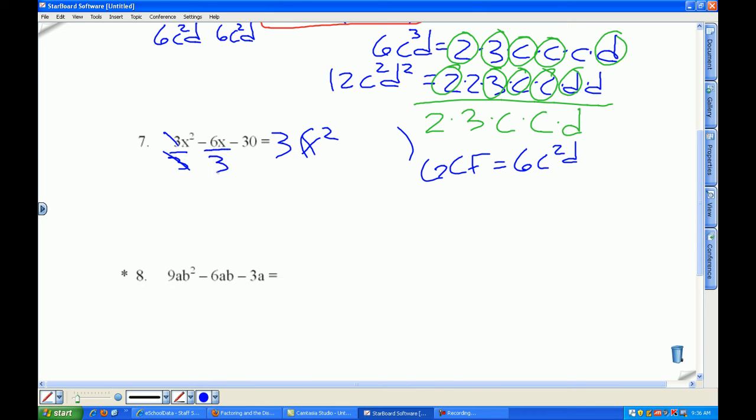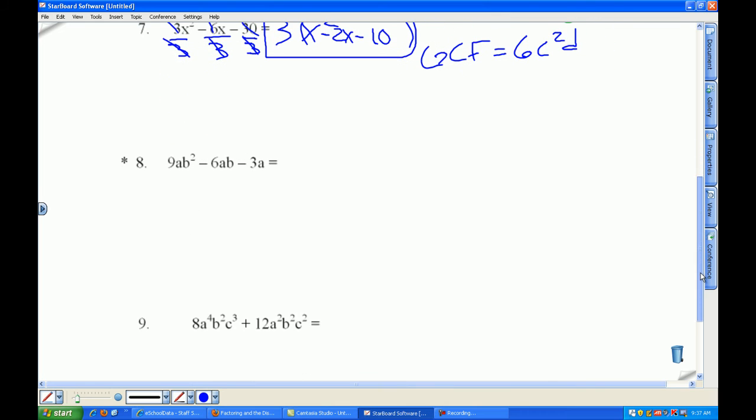Negative 6x divided by 3. 3 goes into 6 2 times, so negative 2x. And 30 divided by 3 is 10. Now there's a negative sign there, so don't forget the negative sign. So our final answer, 3 times the quantity x squared minus 2x minus 10.